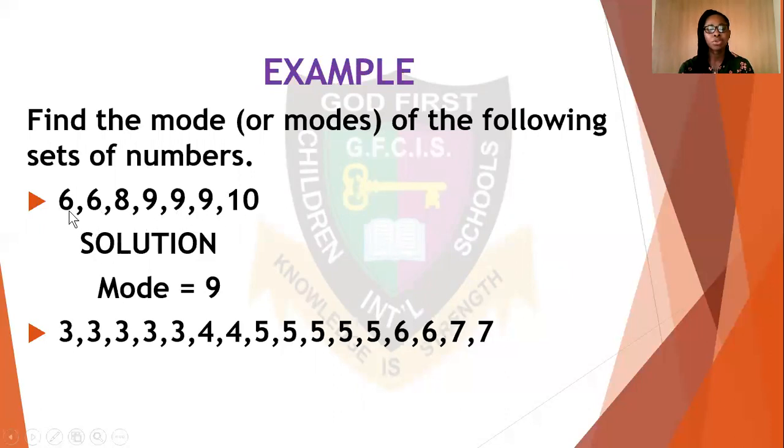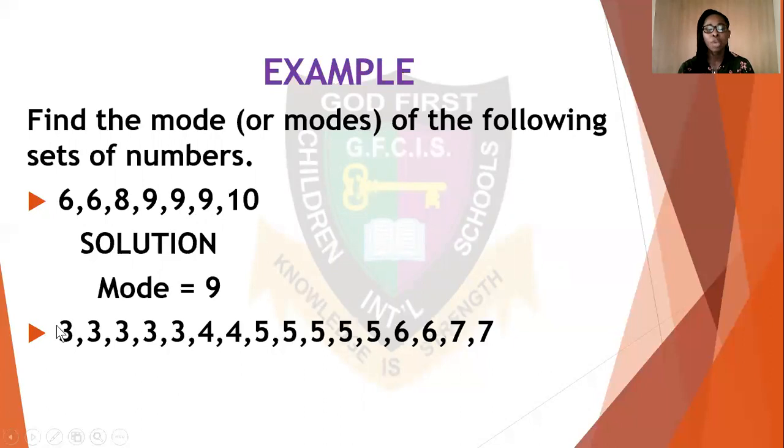From our question, 6 is occurring twice, 8 once, 9 three times, and 10 once. The mode is the most occurring number, which is 9 because it appears 3 times. So our mode is equal to 9.